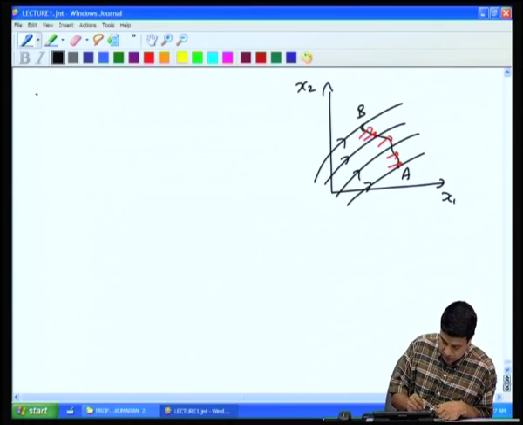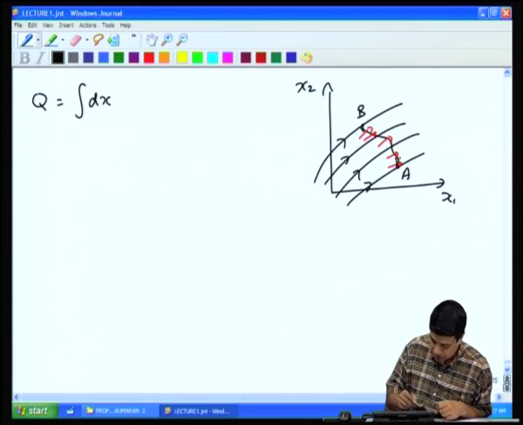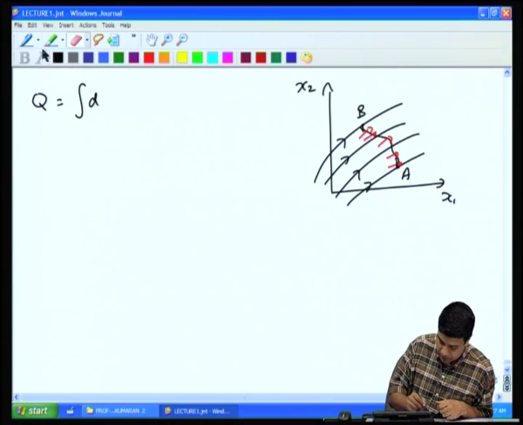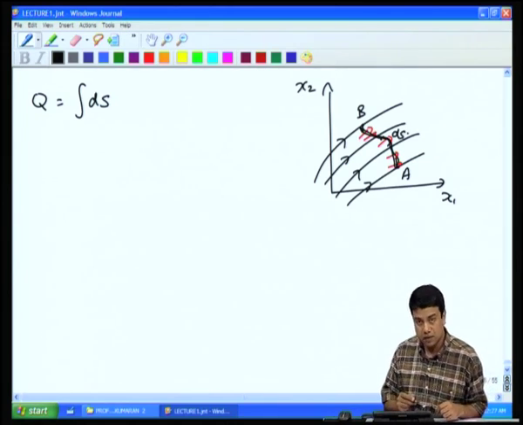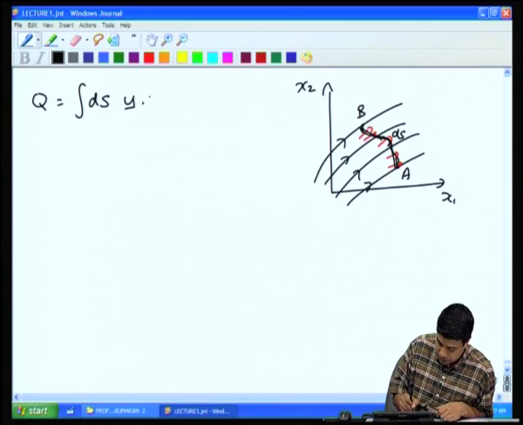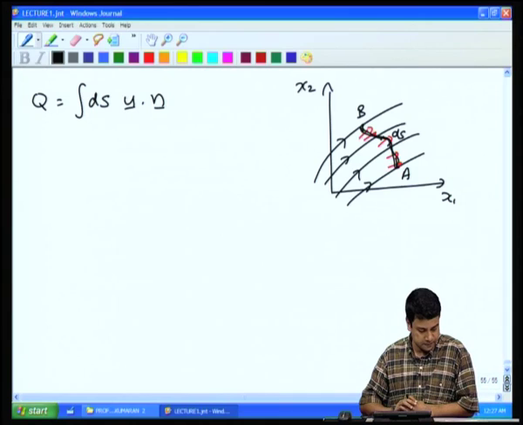Q is equal to the integral ds, where s is along the path. Some differential element along this path is ds. So, Q is the integral ds of u dot n.